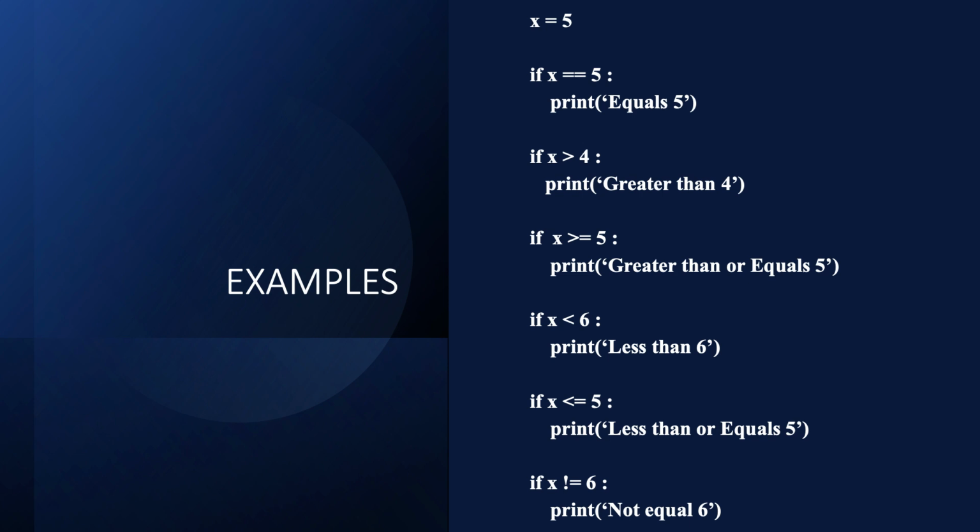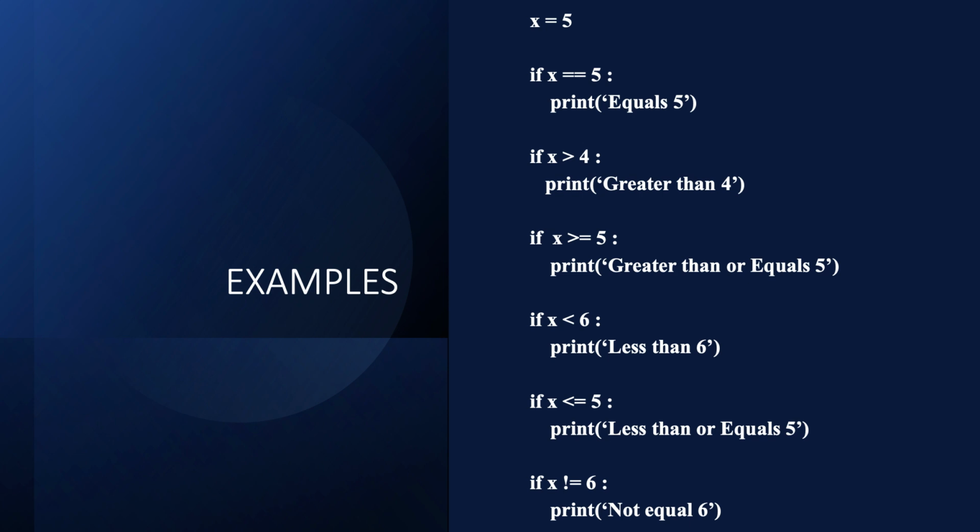Similarly, when we check if x is less than or equal to 5, it also prints a message as the condition is met. And lastly, we have an inequality check to see if x does not equal 6. Since x is 5, then the condition is true, and so we execute the indented code and the program prints not equal to 6.